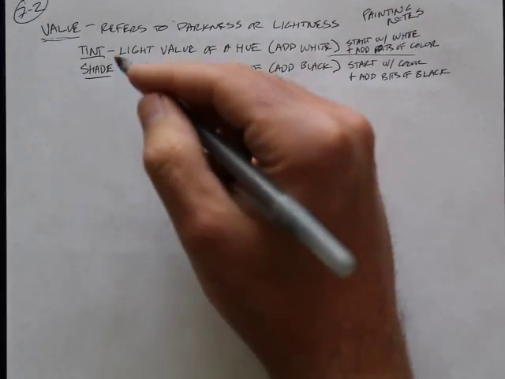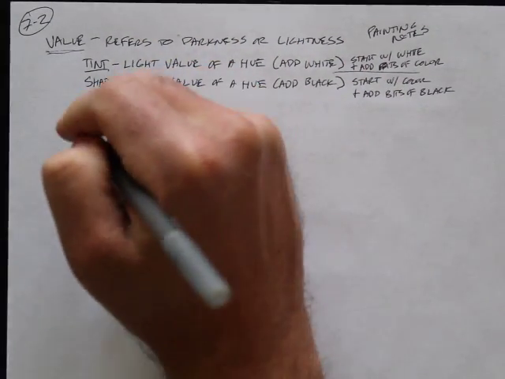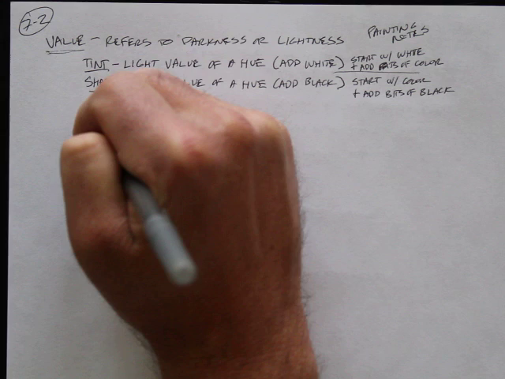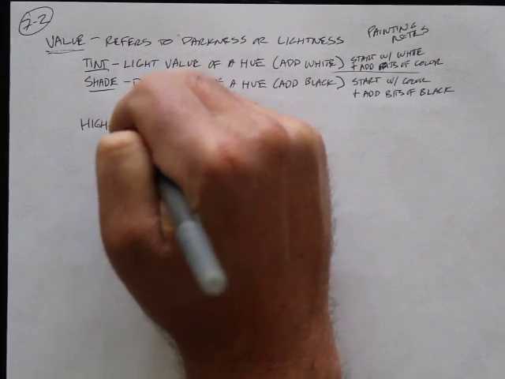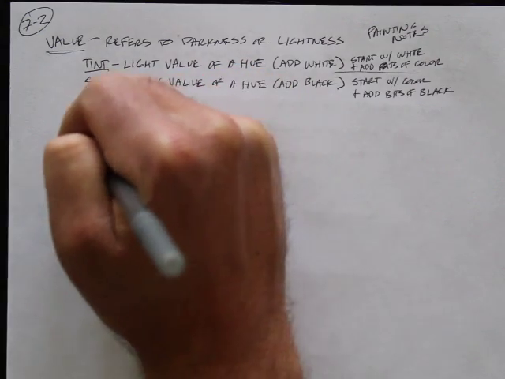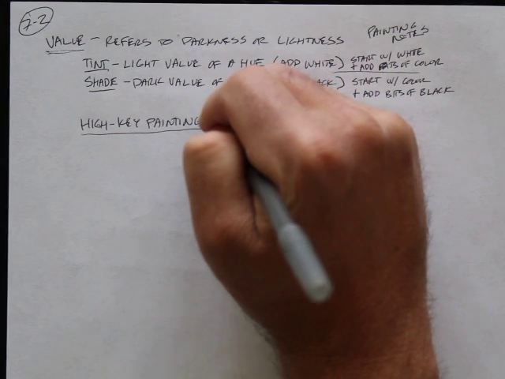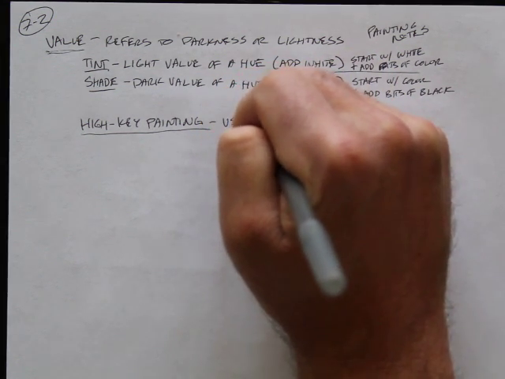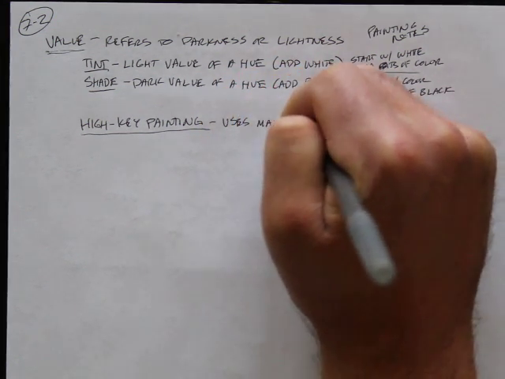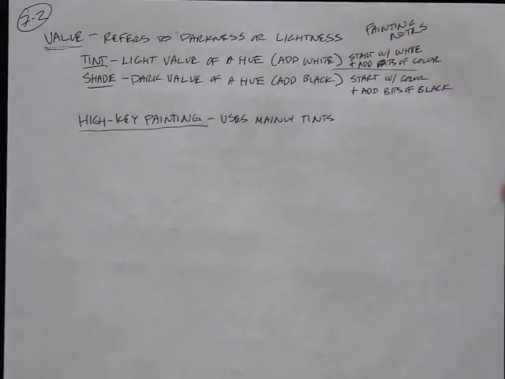Okay, along with value here, there are certain types of painting that I want to look at. So there's a high key painting. This means that the painting uses mainly tints. And if we were in class, I would do a little Google search and we would look at those.